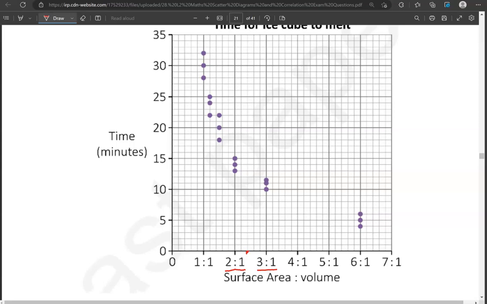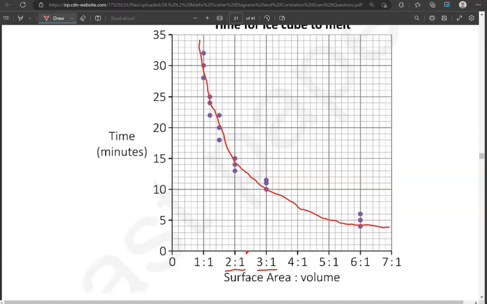Now I must say that this is the only question that I've come across in all the papers that I've ever seen at this level where it looks like you need to draw a curved line of best fit, so not a straight one. So I wouldn't worry about this because it's a very special case, but I'm gonna do it anyway.